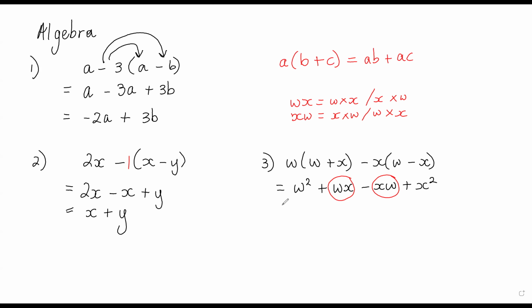So what you can do is write it over in the same order. So if I have WX, that says WX, take away WX. That might make it seem a little more obvious that they're both the same. All right, so this will be W squared, and WX take away WX is just 0. So we just cancel that out and this will be plus X squared.